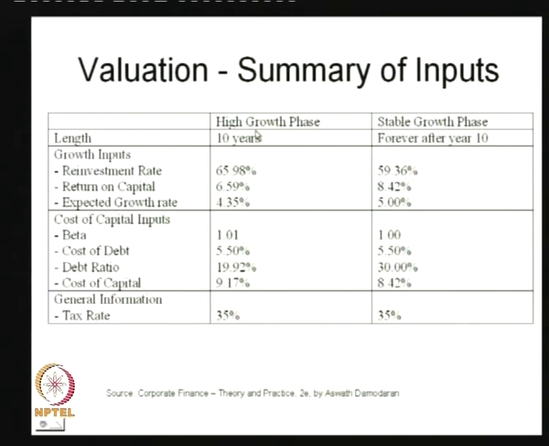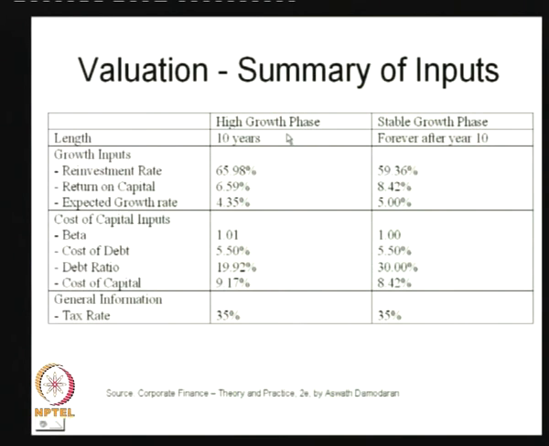In fact, it can also be a three stage model where the high growth phase can be divided into two parts, a super normal, super high growth and the high growth, then you have a stable growth. In any case, in the stable growth phase you have 59.36% as the reinvestment rate and 8.42% return on capital, multiplied, that gives us 5.0%.